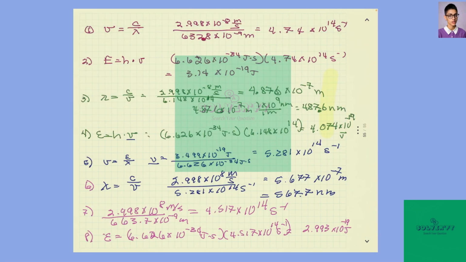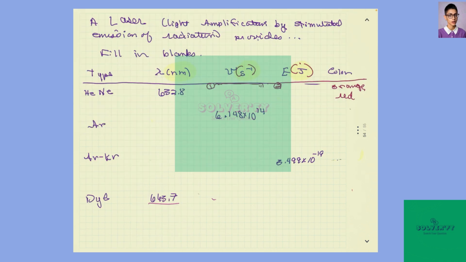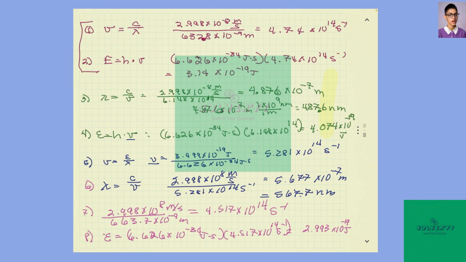I'm going to go to my next page where I've already worked all these. For my first one, I'm going to do these two calculations. For calculation number 1, we're asked to find frequency, and number 2, we're asked to find energy.